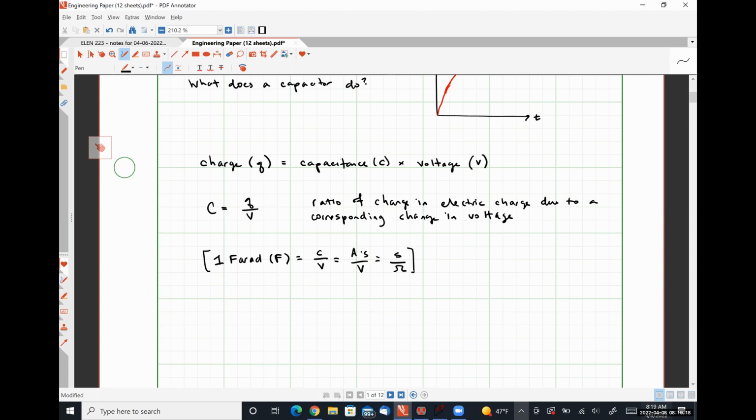So capacitance is largely a geometrical quantity. It depends on the geometry of the plates and the material that's present between the plates.